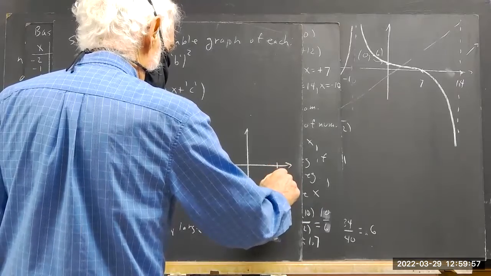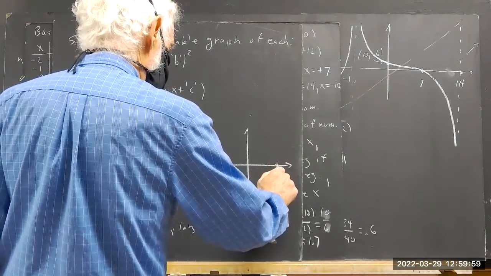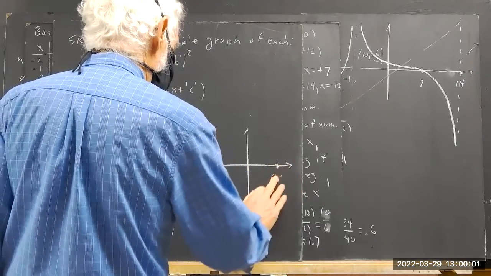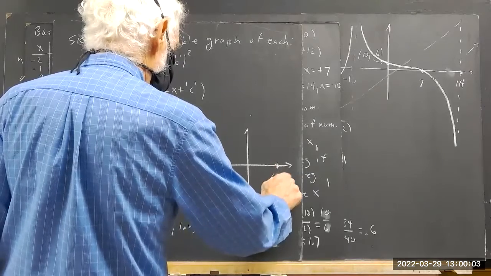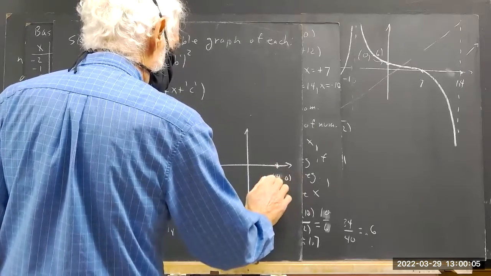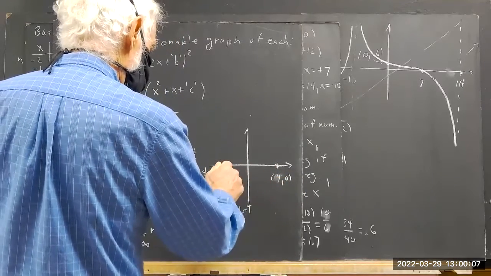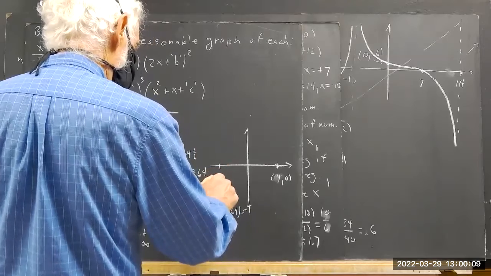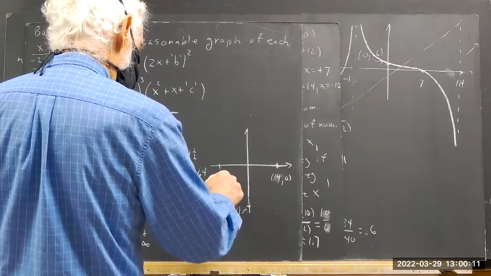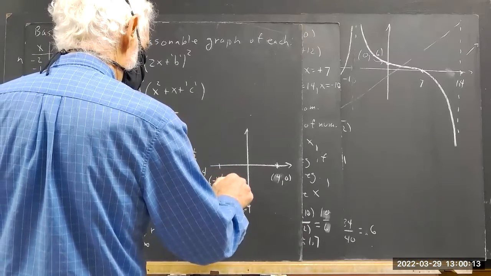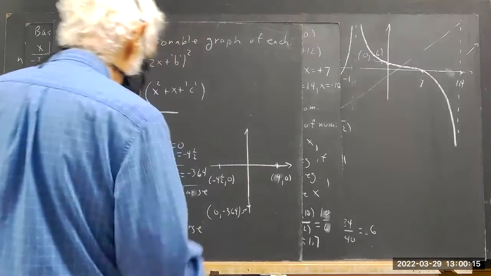But we can put 4 here. So that would be the point 4, 0. And just a little further on the left side, we have negative 4.5, 0.